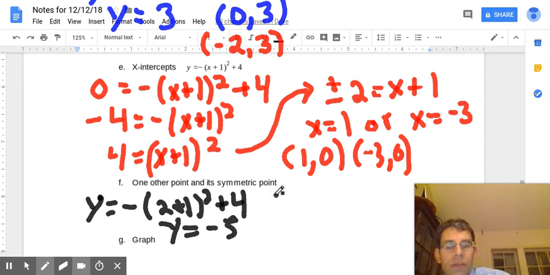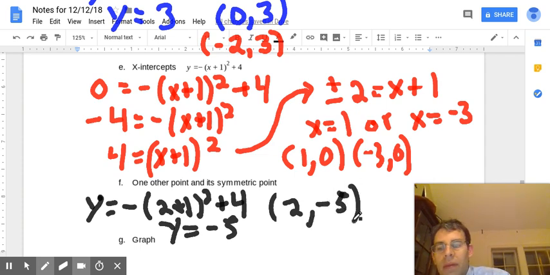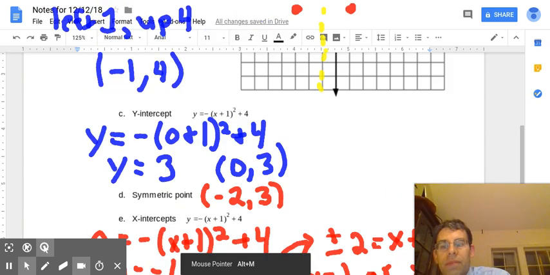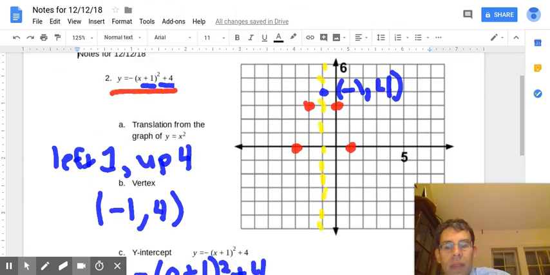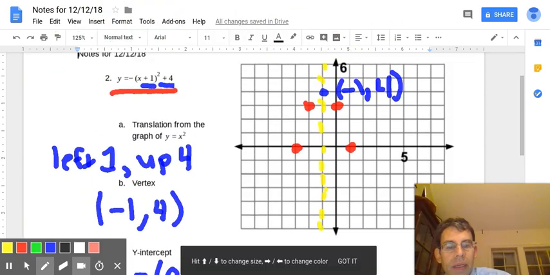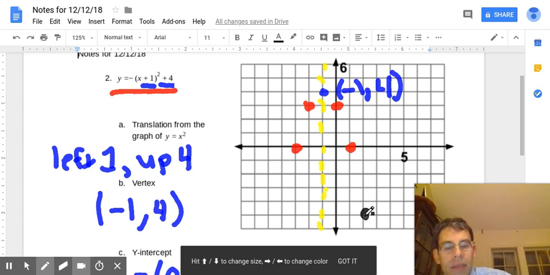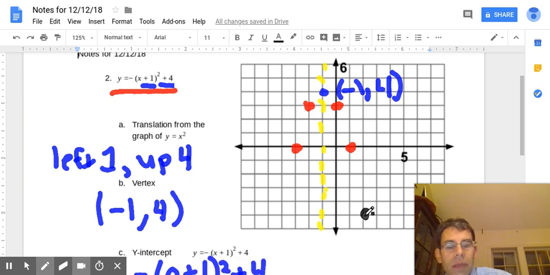So we plugged in 2 for x, so our point is (2, negative 5). Go back up to the graph. (2, negative 5), 2, 3, 4. So we have a point right here. And then the symmetric point, since that's 3 away from the axis of symmetry, we can go 3 away on the other side.